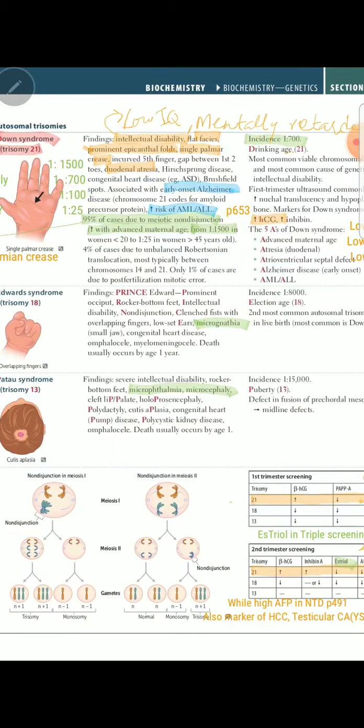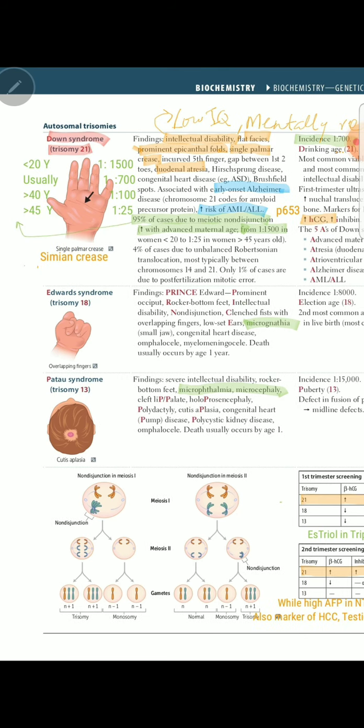Then flat face, prominent epicanthal folds between the eyes, and a single palmar crease. Both the creases are joined together in a single form that is called simian crease. And incurved fifth finger. Gap between first and second toes, seen in the foot mostly, and in hands as well.